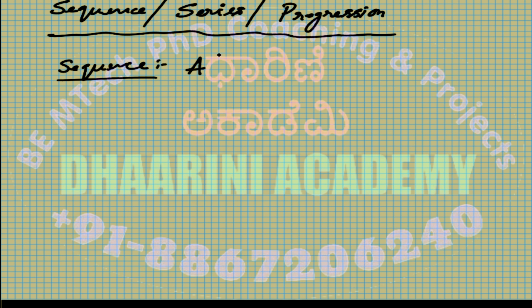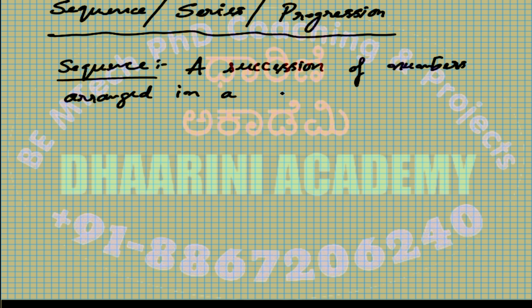So we can write: a succession of numbers arranged in a definite order is called a sequence.